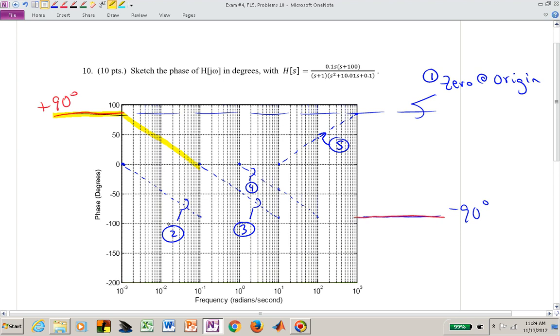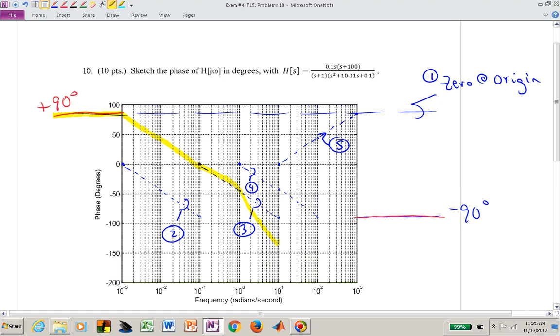This number 2 contribution quits contributing, but number 3 kicks in at that point, and it's by itself in terms of slope until 4 kicks in, and then between 1 and 10 I have 2 poles active, so now I'm going down at not minus 45 but at minus 90 degrees. So I now need to go from minus 45 down minus 90 from that, or down to minus 135 by the time I reach 10.